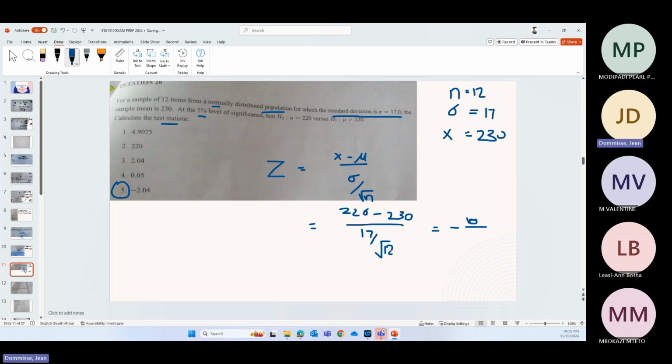So 17 divided by the square root of 12, that is 4.9075.